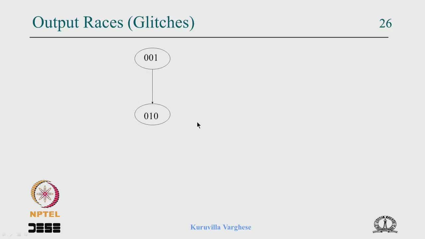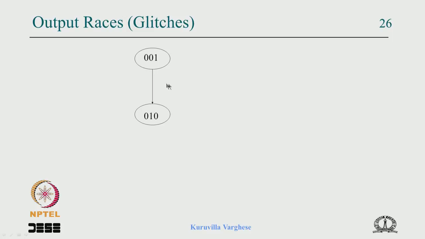Now assume that we have 3 flip flops and they may not all have the same propagation delay. Assume that Q1 is faster than Q0. That means TCQ1 is less than TCQ0, the propagation delay of the first flip flop is less, or TCQ0 is greater than TCQ1.